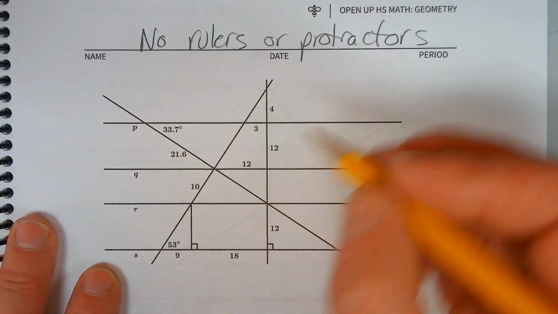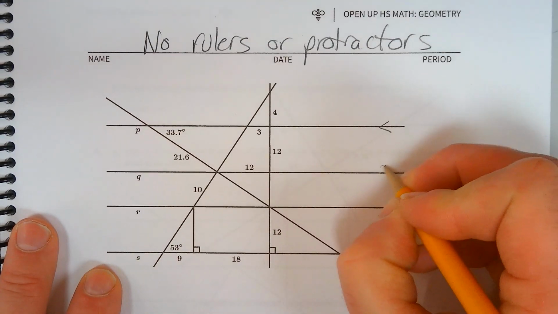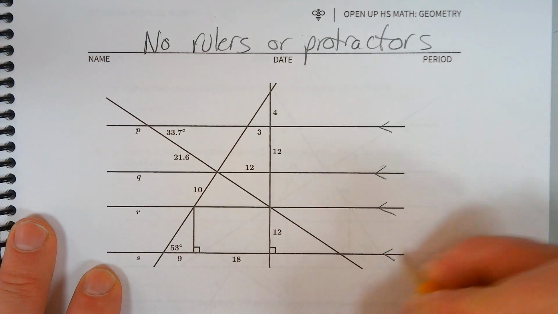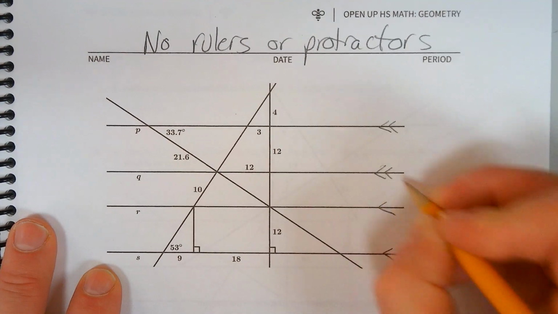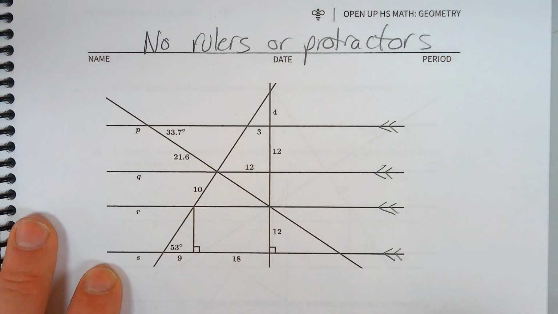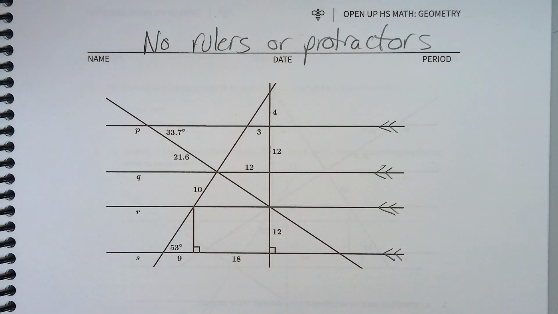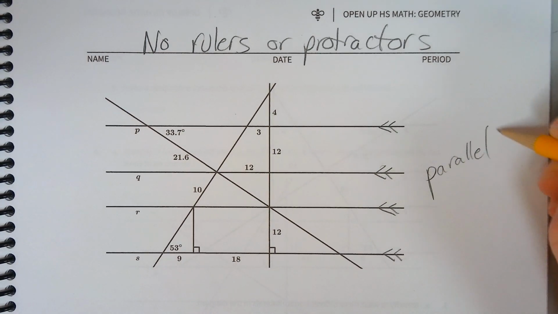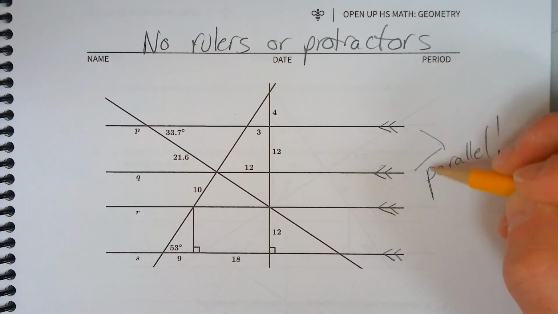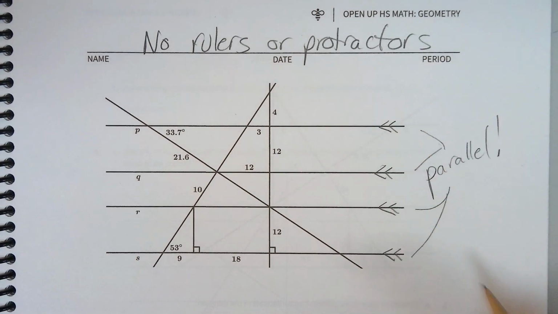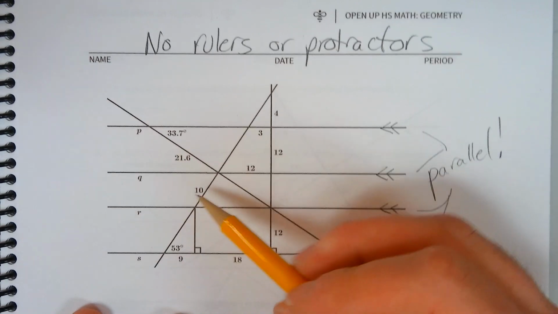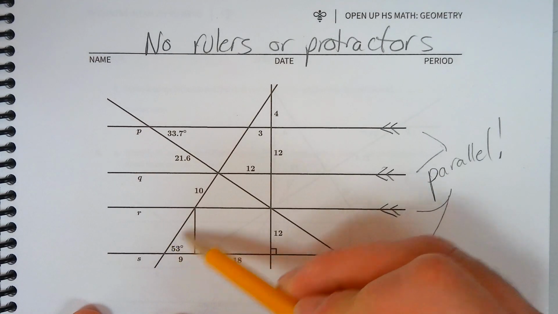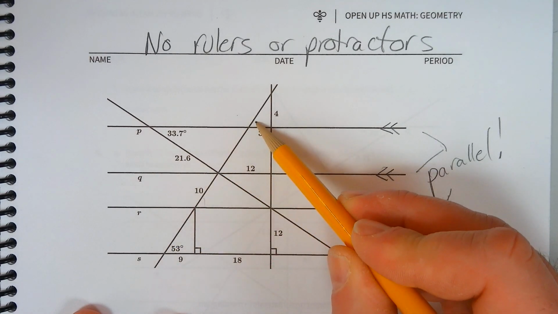P, Q, R, and S are all parallel. So let's put this in. I like double chevron. It's more fancy. Okay, so right away we see some things like corresponding, corresponding, corresponding, corresponding.